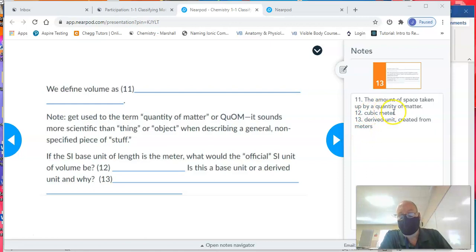Okay, 1 meter in height, 1 meter in length, and 1 meter in depth. Okay, and this is a derived unit because it's derived from the meter, right? It's created from meters. It's meters cubed, meters times meters times meters. It's not just meters, it's meters times meters times meters.